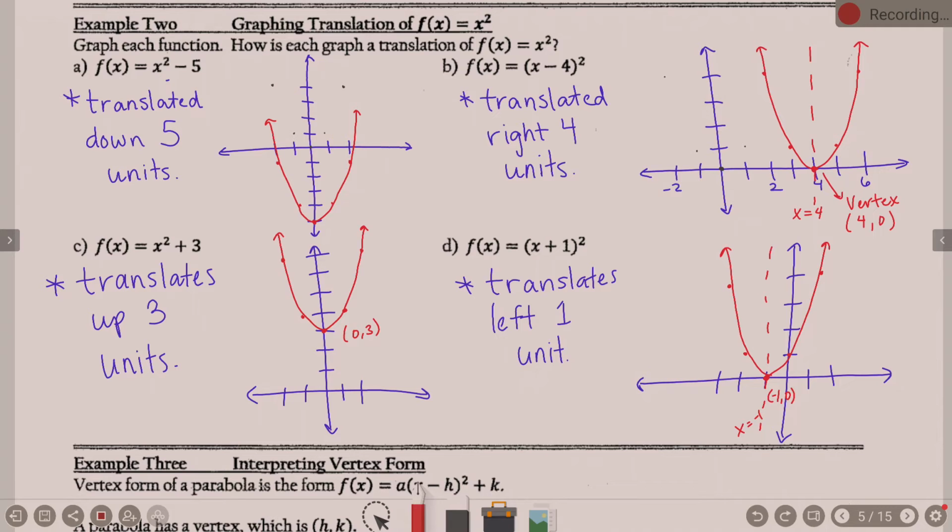That 0, 0, 1, 1, 2, 4 setup only changes if there's a stretch or a compression. Otherwise, we can always do that. Okay. Do you guys have what you need from this page? A couple people still writing here, so I'll give you a moment.